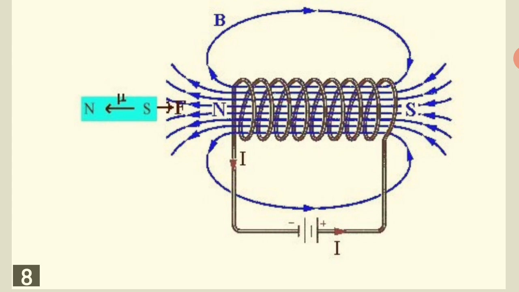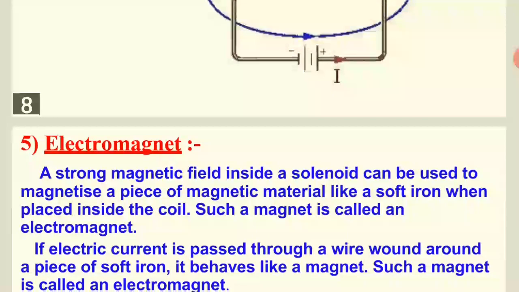The magnetic field lines emerge out from the north pole and merge into the south pole, same as that of the bar magnet. So we can observe that in the solenoid or around the solenoid, a strong magnetic field is arranged.